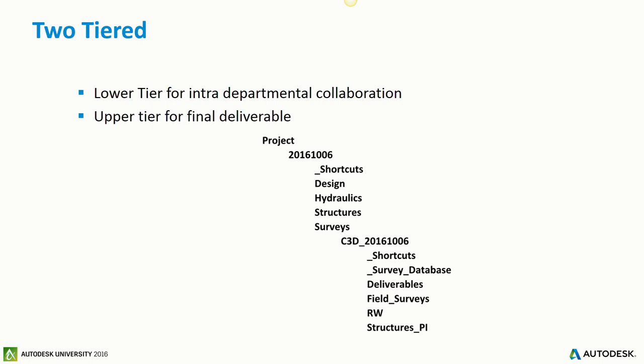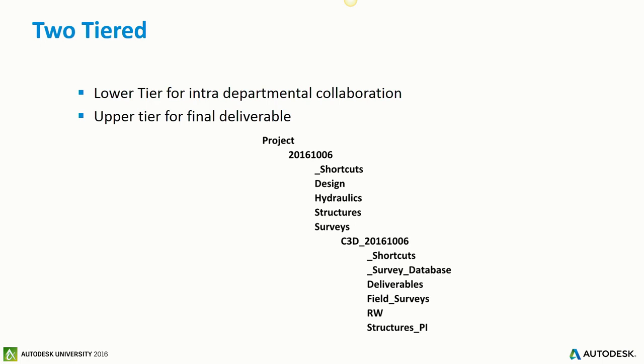So what do you do? You go down to a second level, 2-tier, and say, this folder will have permissions only for my department. And so you got 2 levels of shortcuts. You can create your sub stuff, whatever you want in there. Whatever you are ready to expose the final deliverable to, let's say in this case design, then you come up to the top tier of data shortcuts, and you deliver your final stuff.